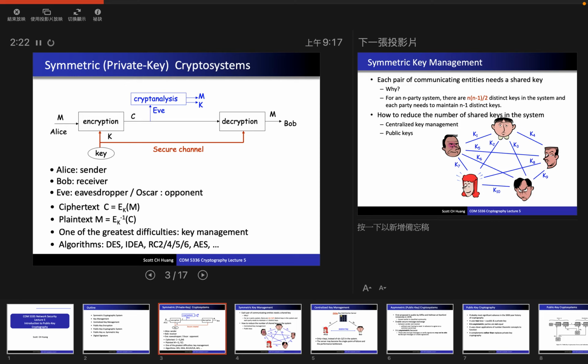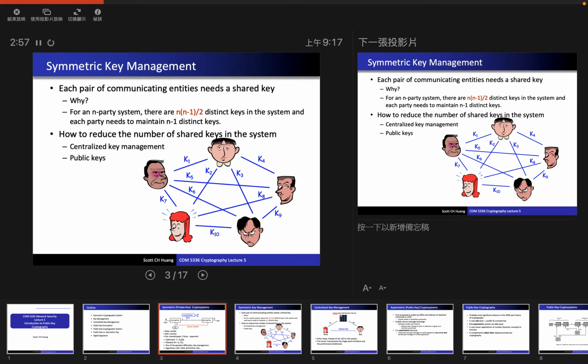If the size of the key is as large as the plain text, then you actually don't have any advantage, because that means the cost of delivering the secret key is as much as delivering the plain text itself. Okay? So usually the key size has to be significantly smaller, and the plain text is much larger as compared to the secret key. So that's the concept of symmetric crypto system.